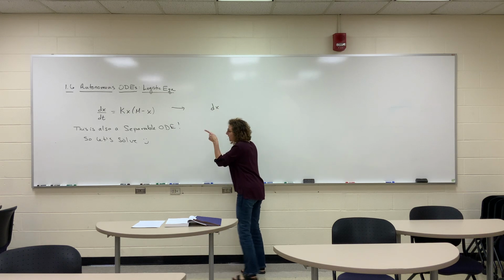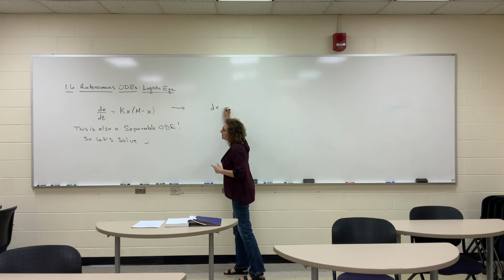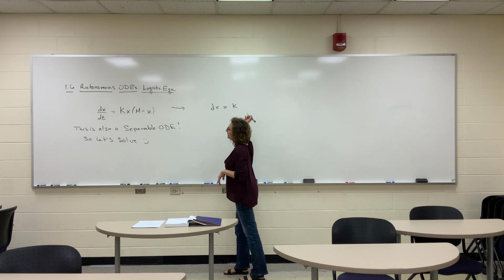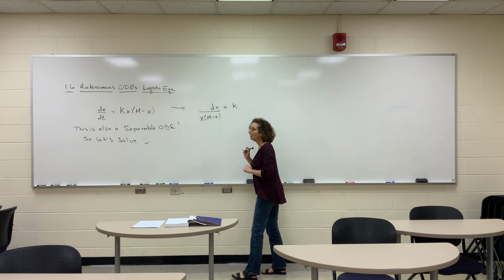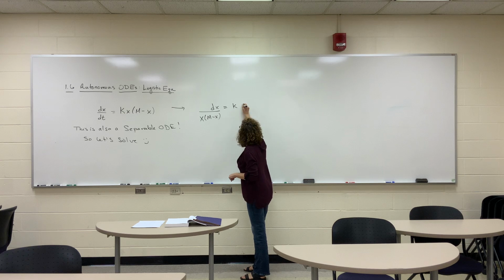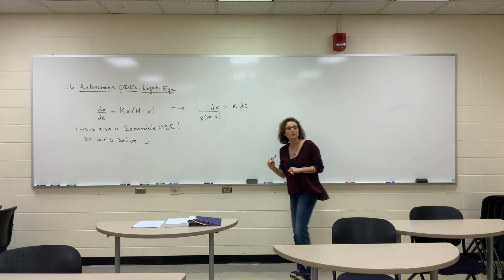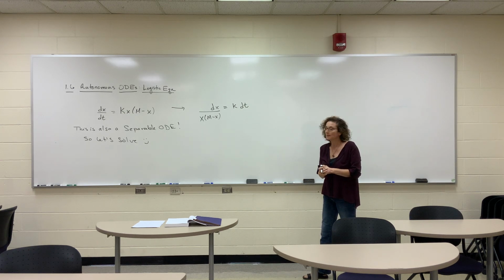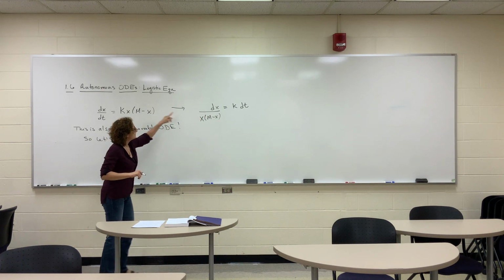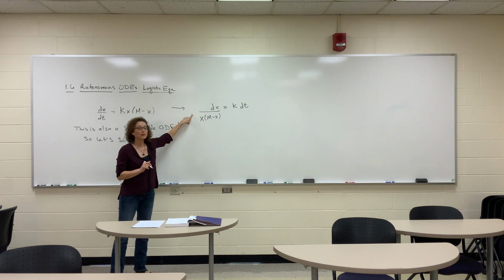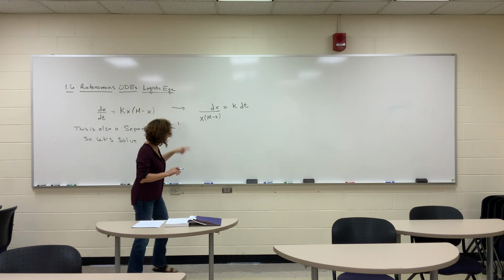Often when we have a constant k, it's simply nicer to leave the constant on this side. So I get the other x stuff, x times m minus x, over here, and leave the k there with the dt for something to integrate, that just makes it simpler, okay? So this is derivative form, this is differential form, ready for a separable integration, yeah?